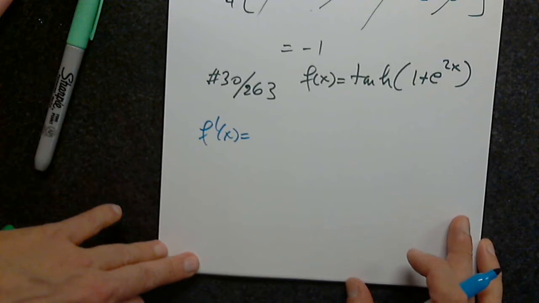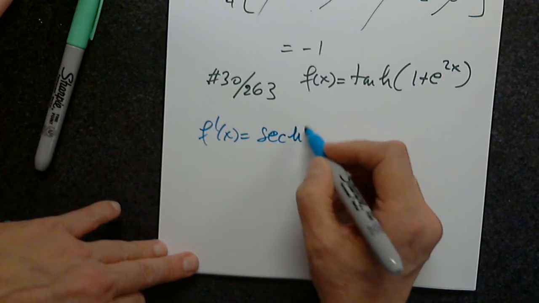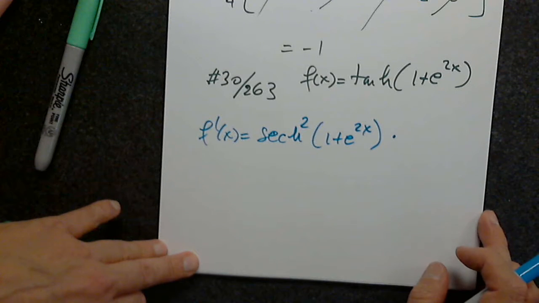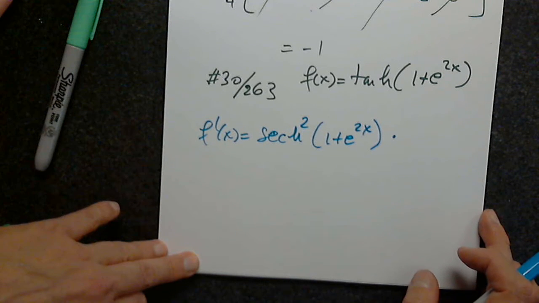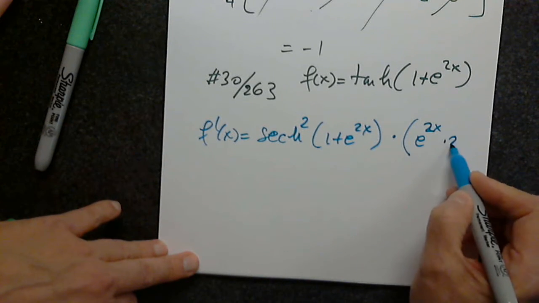So we have hyperbolic tangent. So this is hyperbolic secant of 1 plus e to 2x times e to 2x times 2.